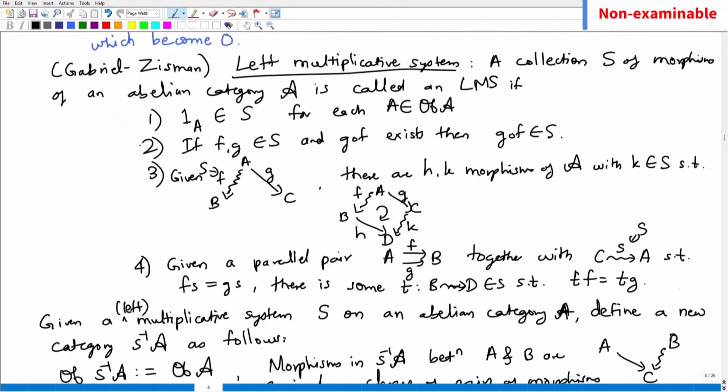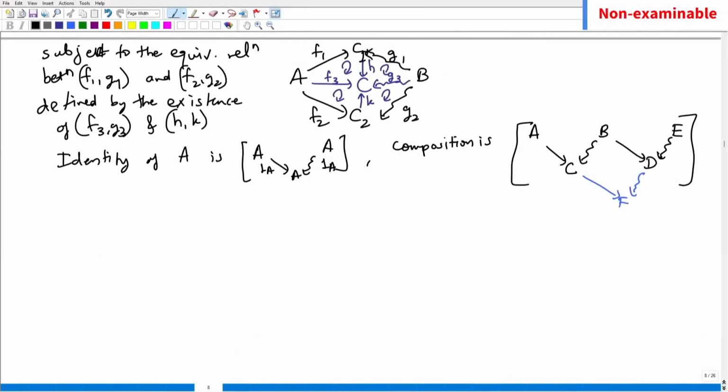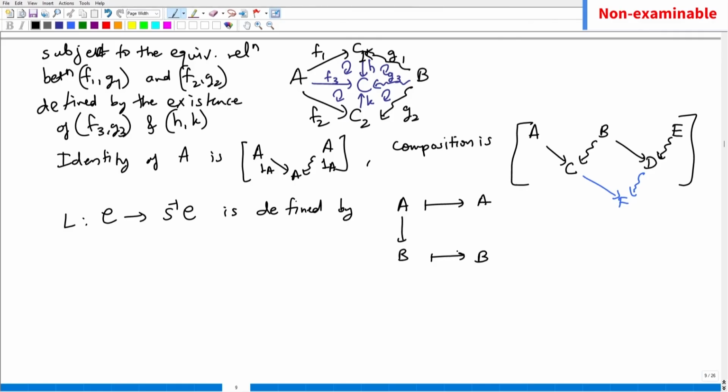This is the so-called localization functor L. L from C to S inverse C is defined by A mapping to itself, B mapping to itself, and this F mapping to what?